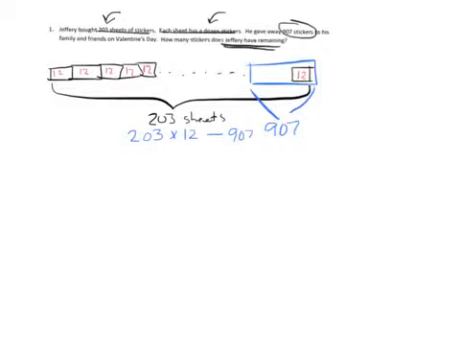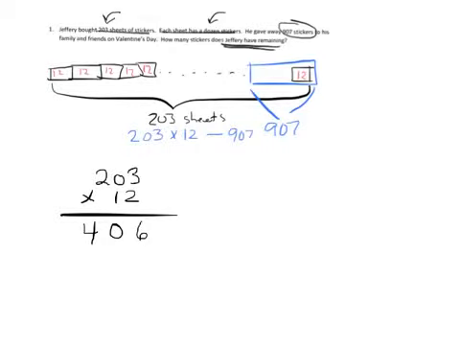So the first thing we're going to do is multiply 203 times 12, and we're going to use that standard algorithm, which means we're going to begin by multiplying by 2. So 2 times 3 is 6, 2 times 0 is 0, 2 times 2 is 4. Now we're going to multiply by the 1, but that's not really a 1, that's a 10, so we know it's going to end in a 0.